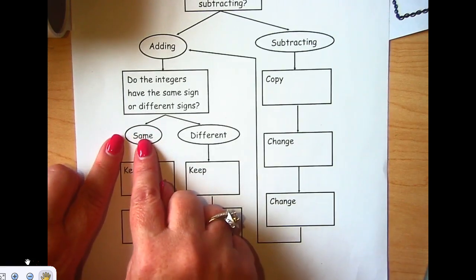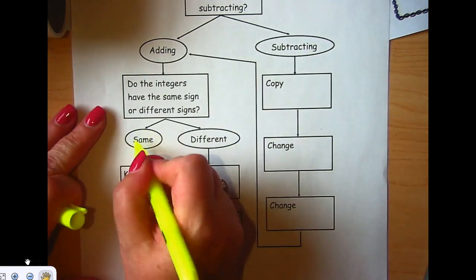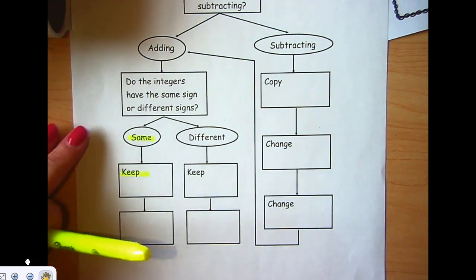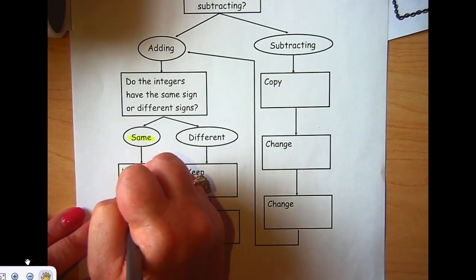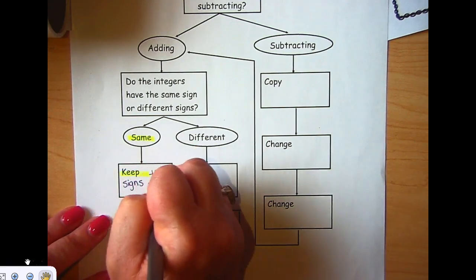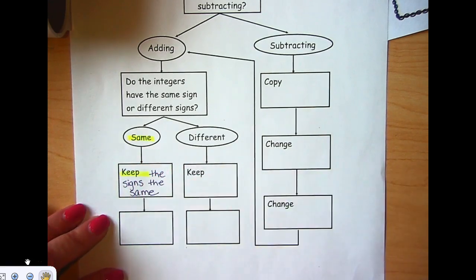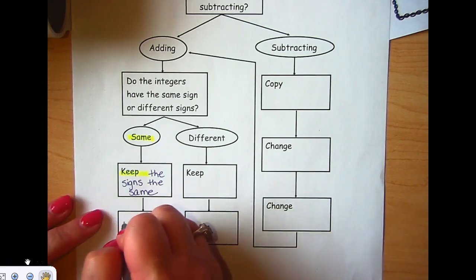If they are the same, you're going to keep the sign the same, and then you add the digits.